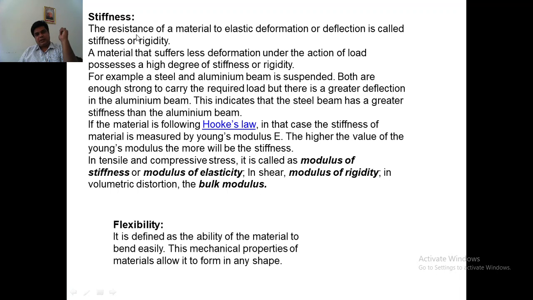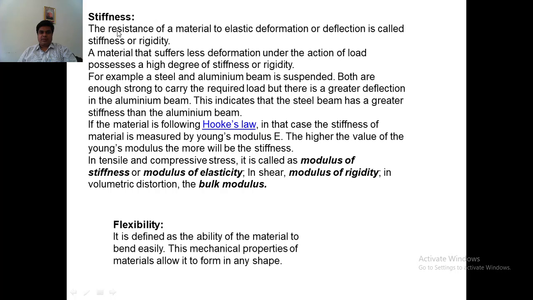And stiffness, again as I told you, is related to elastic deformation and how much resistance the material offers to the elastic deformation. That is called stiffness. So stiffness is how rigid the metal is to the applied load, and it is particularly applied to elastic deformation.